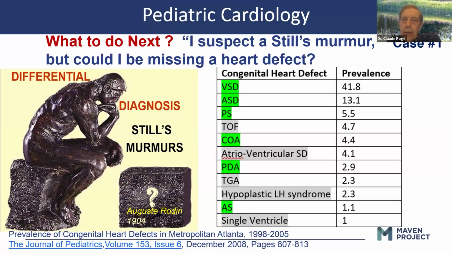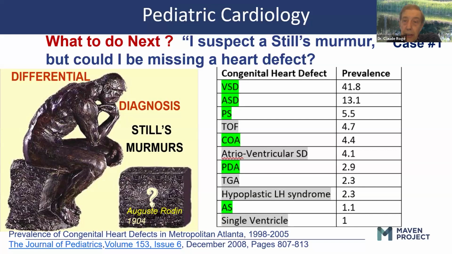And PS: severe PS is going to be detected in the nursery, but very mild PS, again, may be missed because of the pulmonary hypertension and the very fast heart rate in the newborn. Then you will be the first one to hear it. Again, murmur at the base, systolic ejection click.